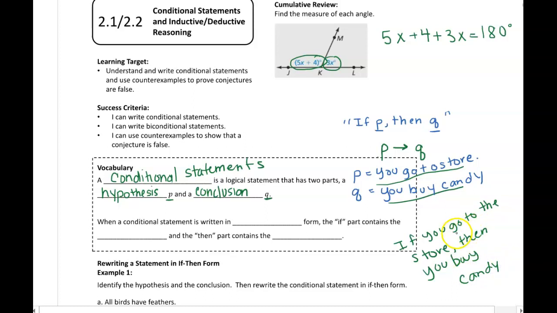Okay, so that is how you would write a conditional statement. Conditional statements, we say, are written in if-then form, because we have the if and the then. And it contains the hypothesis in the if part, and then in the then part is the conclusion.